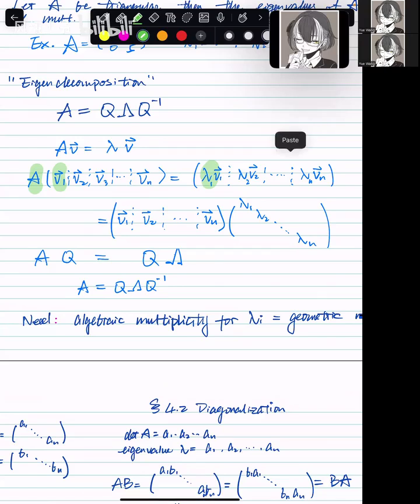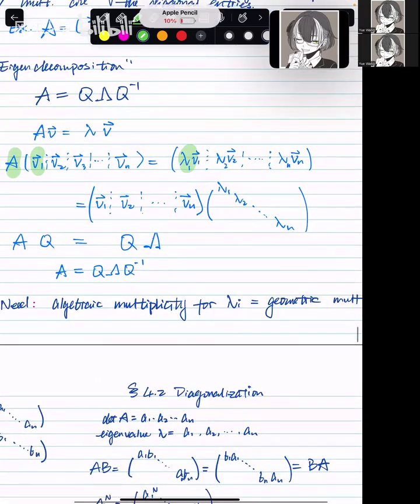We can further write the right side as a matrix of vectors multiplied by the lambda values put in a diagonal matrix. When we multiply these two matrices, the first row is the first entry of v1 multiplied by lambda 1.